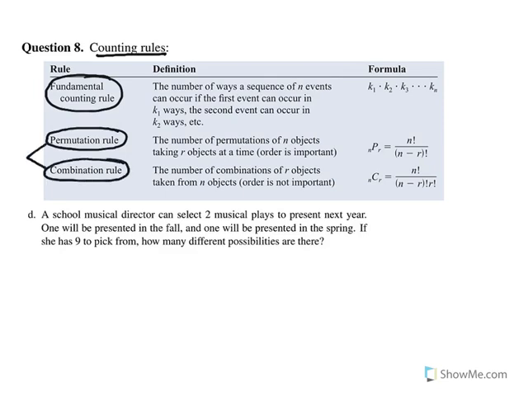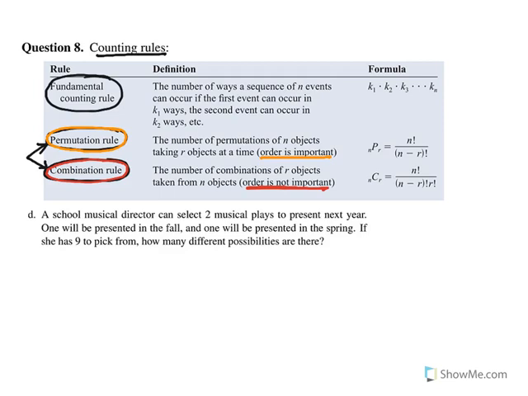The difference between these two is that for a permutation rule, order is important. For a combination rule, order is not important. And for both of them, you are choosing some objects from a bigger amount of objects.